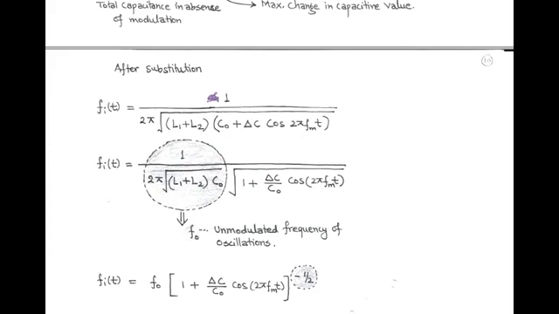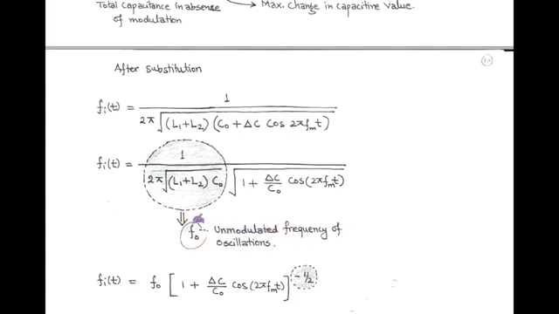Now we take C0 outside the bracket and after this arrangement we have 1 upon 2 pi under root L1 plus L2 into C0 into under root 1 plus delta C upon C0 cos 2 pi fm t.